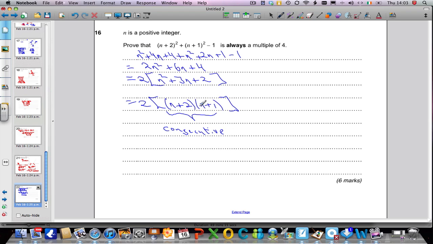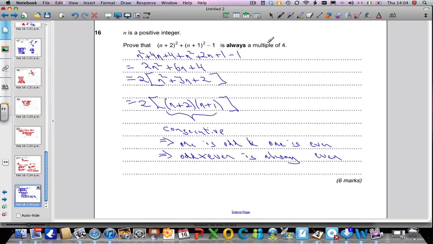They're consecutive, which means one is odd and one is even. One of them is definitely odd, one of them is definitely even. And we know that odd times even is always even.